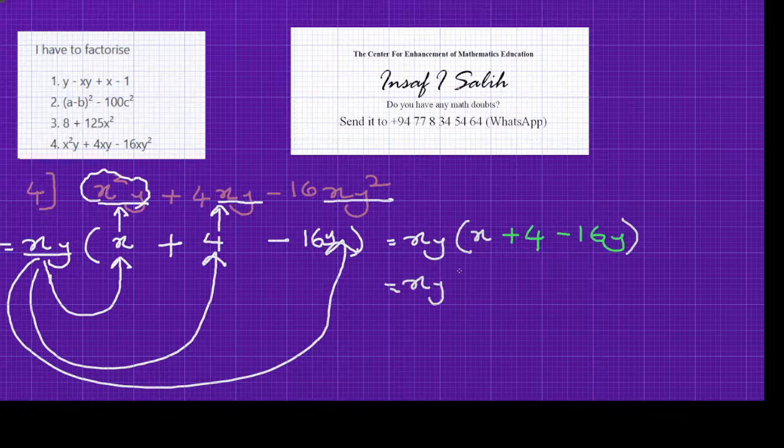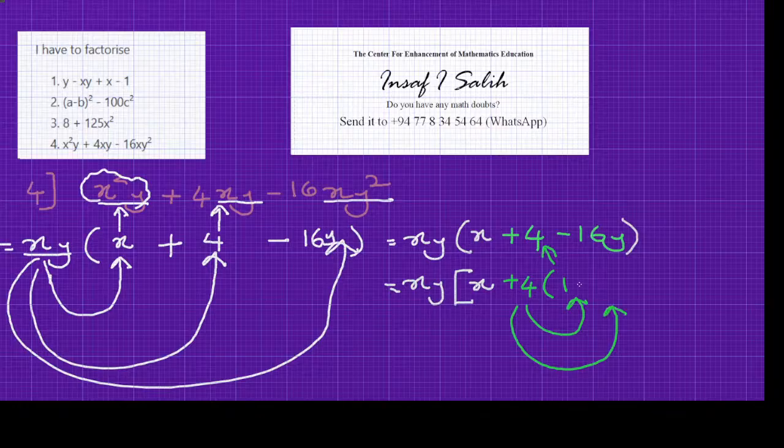We can write this as xy times x. What's the common factor? Plus 4 and minus 16. Both of them come in the 4 times table, so plus 4 is the common factor. 4 times what would give us 4? That's 1. And 4 times what would give us minus 16y?